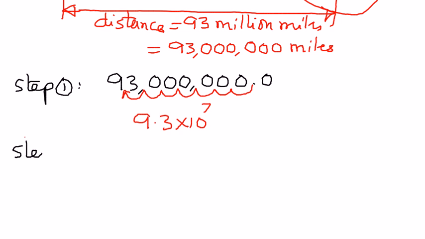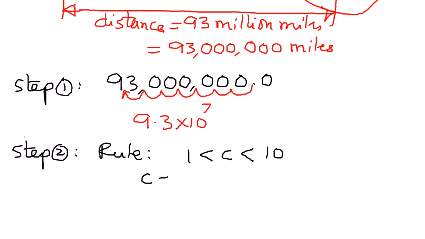So let us test it out with the rule. The scientific notation rule tells us that the value of C should be greater than 1 and less than 10. The value of C here is 9.3, which is greater than 1 and less than 10.